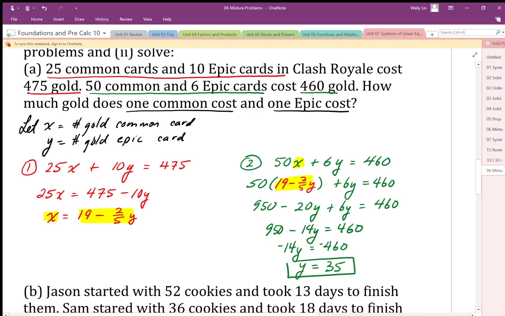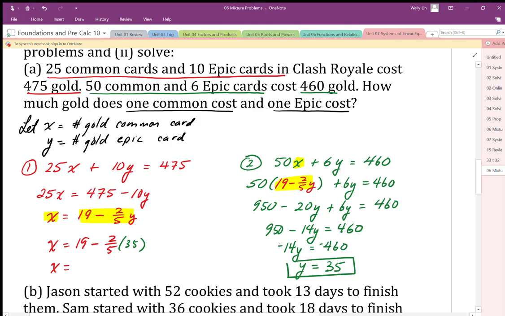I'm going to then back substitute to solve for x. So y equals 35. I'm going to substitute that in and then solve for x.